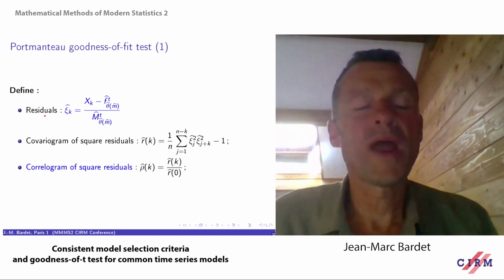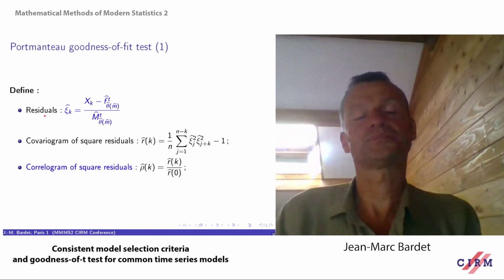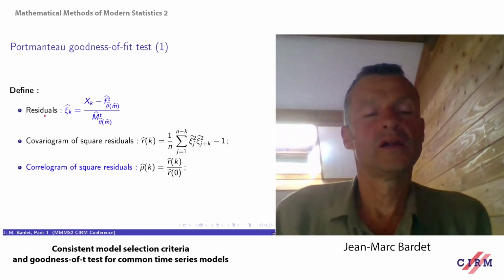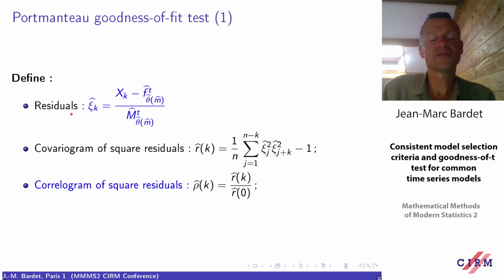And so the way we will test the goodness of fit will be to consider the residuals of our time series. Now, we have selected a model M hat. We could estimate the parameters of this selected model, theta hat.